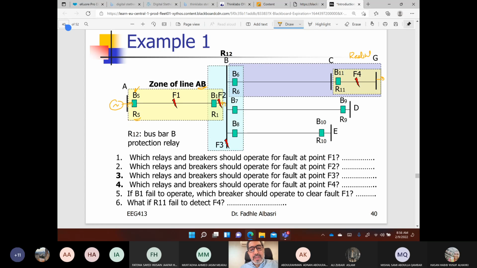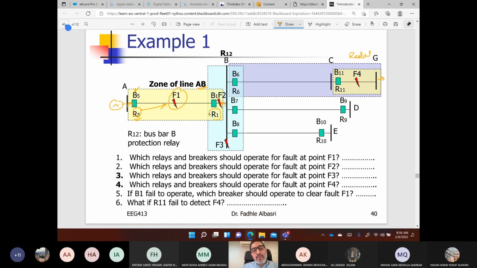Now, which relays and breakers should operate for a fault at F1 to clear this fault? 1 and 5. So this relay will see, oh, this fault is in my zone of protection. If it is reliable and selective and sensitive, it will detect this fault.